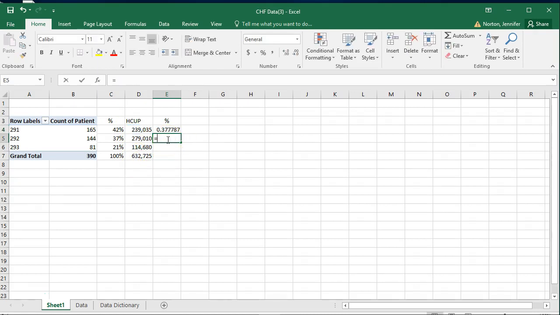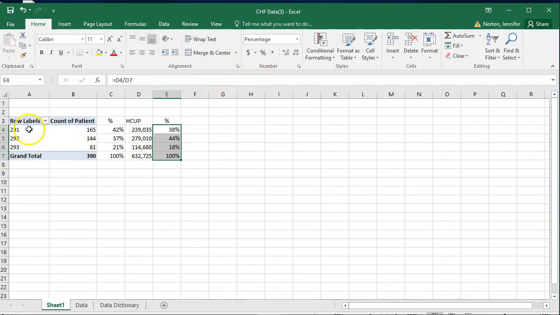And we're going to do the same thing for each of these. And then we're going to sum that as well. And we are going to change these to percentages.